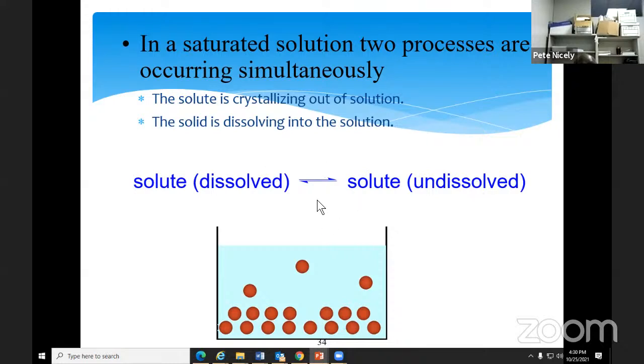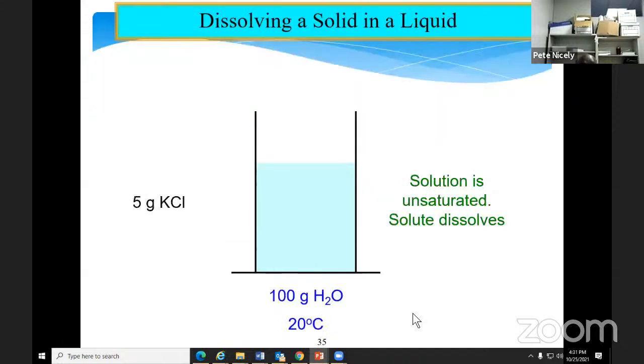All right. In other words, we have a state of equilibrium between the dissolved solute and the undissolved solute. As one solute particle goes into the solid state, another solute particle goes into solution. And that just continues back and forth in a saturated solution that's in contact with the solute in the solid state.